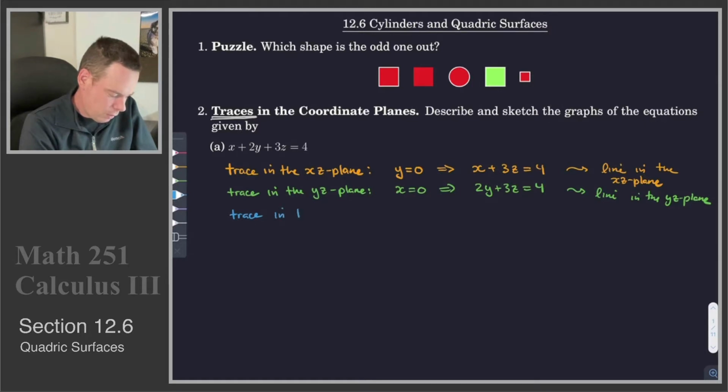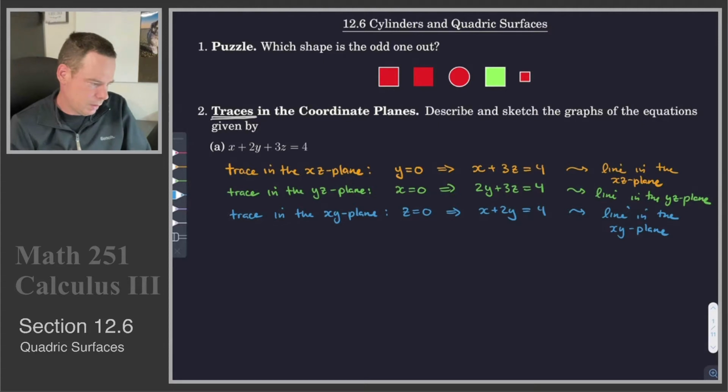So what is the trace in the xy plane? This is when z is equal to 0, and that means our x and y values must satisfy x plus 2y is equal to 4, which is again a line, in this case, in the xy plane.